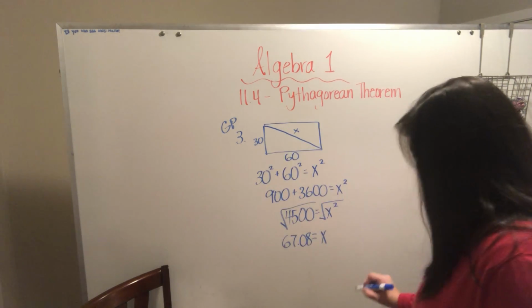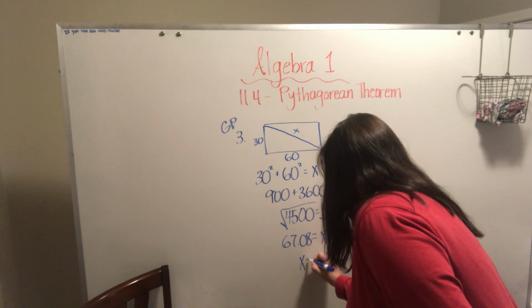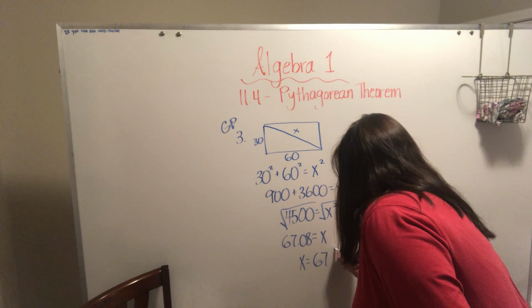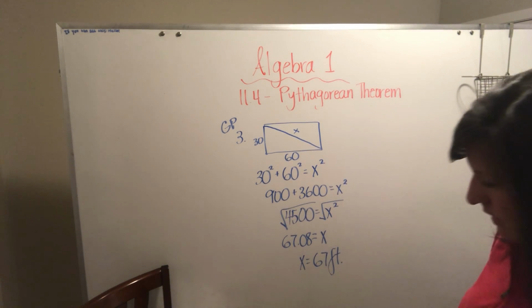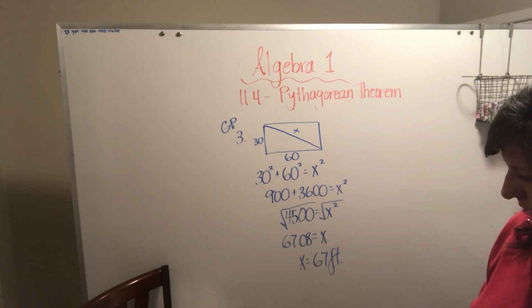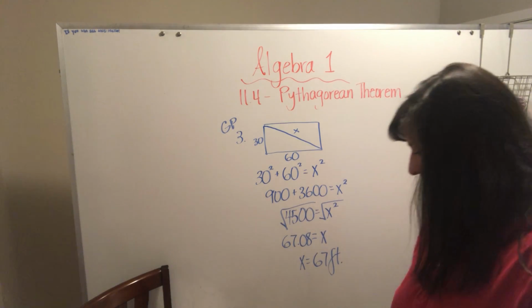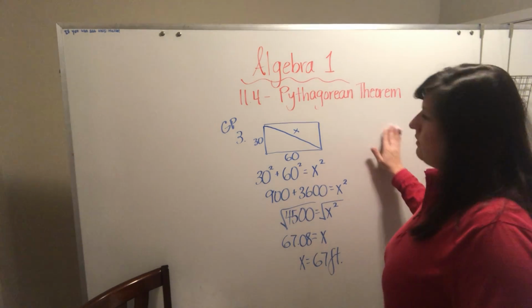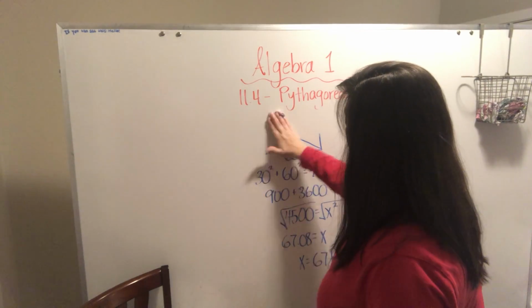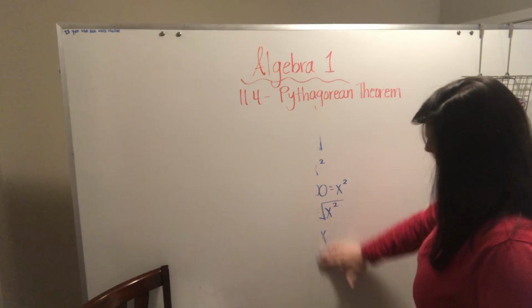It says to the nearest foot, so you should pay attention to that and realize they're asking you that x is 67 feet to the nearest foot. Great. That's typical. You will probably see things like that on a standardized test.